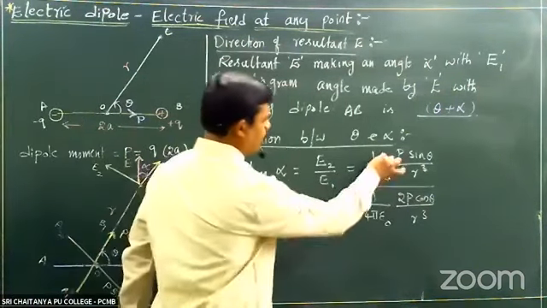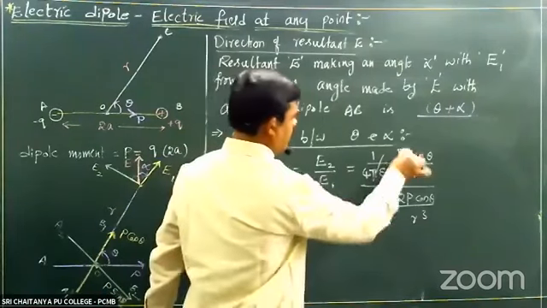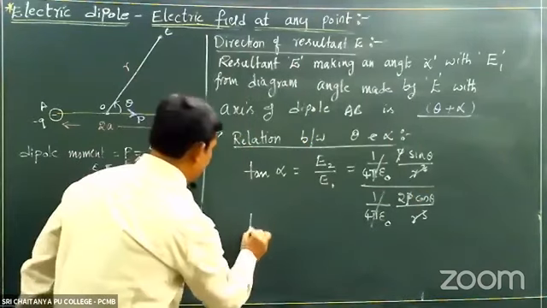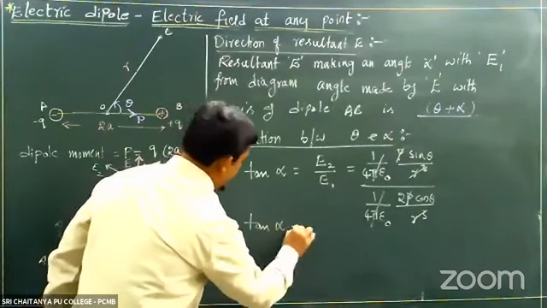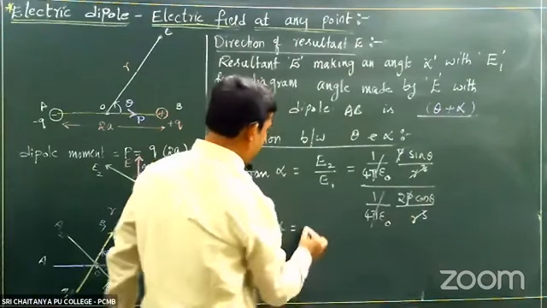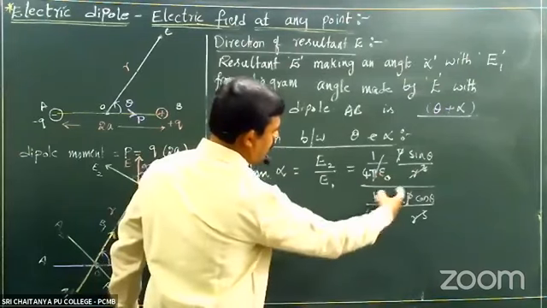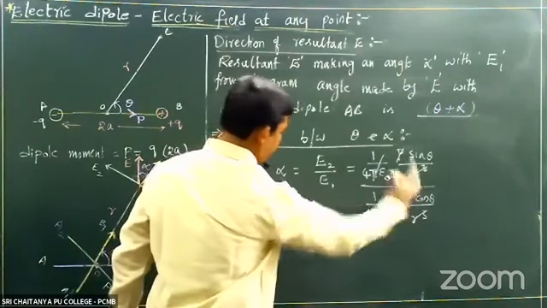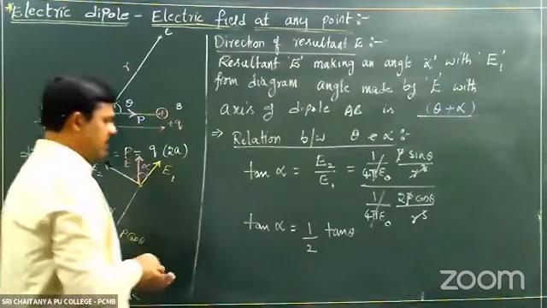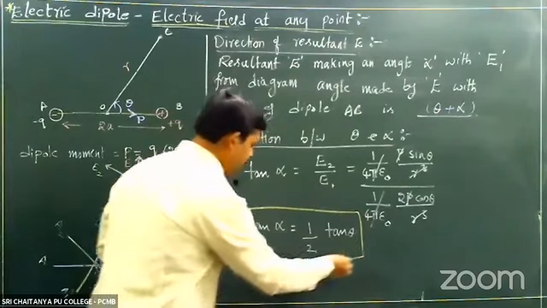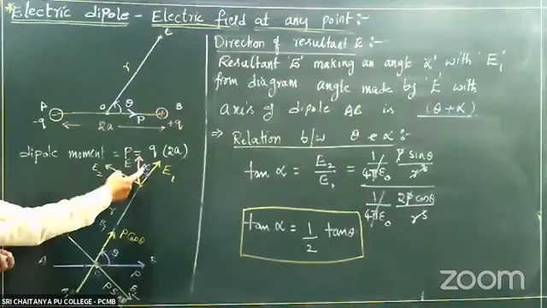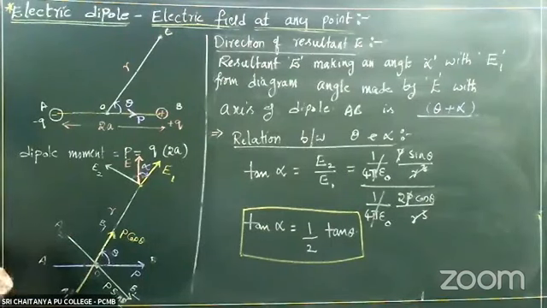So, cancellation. Then tan alpha is equal to what remained here? Sin theta by cos theta, half, 1 by 2 sin theta by cos theta, which is tan theta. This is the relation between this angle alpha and this angle theta, right?